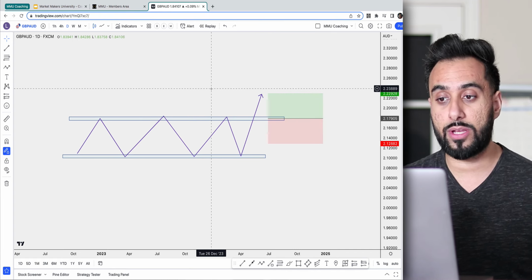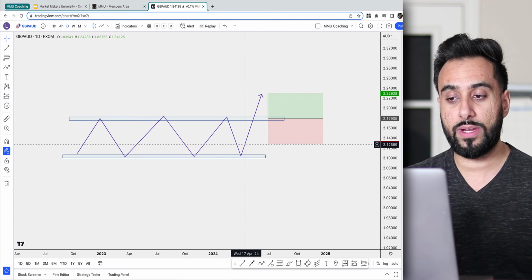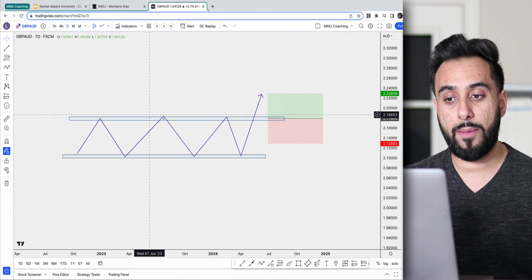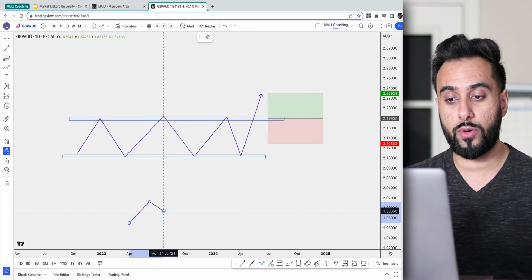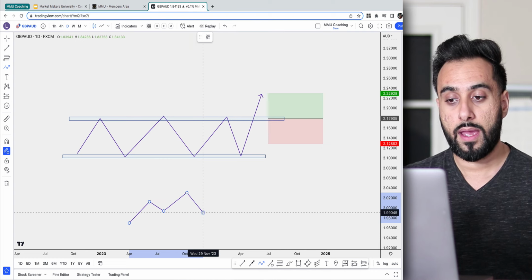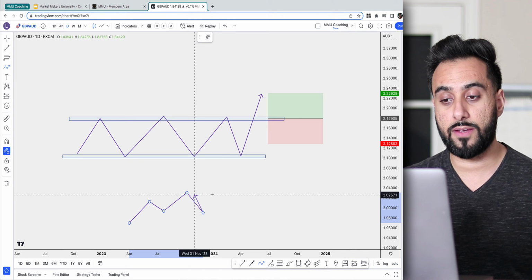Let me go ahead and give you a couple examples so you can see this in action. And also, real quick, when we're talking about break and retest, it doesn't necessarily have to happen during a consolidation. Let's say the price is moving in a certain direction, and you notice that this is the most recent relative high.